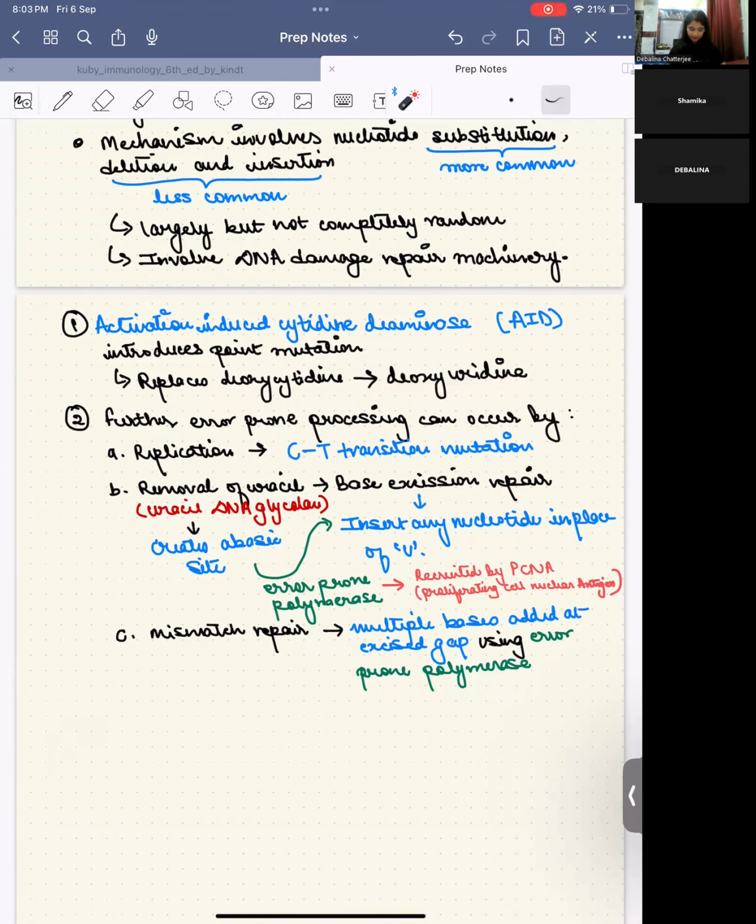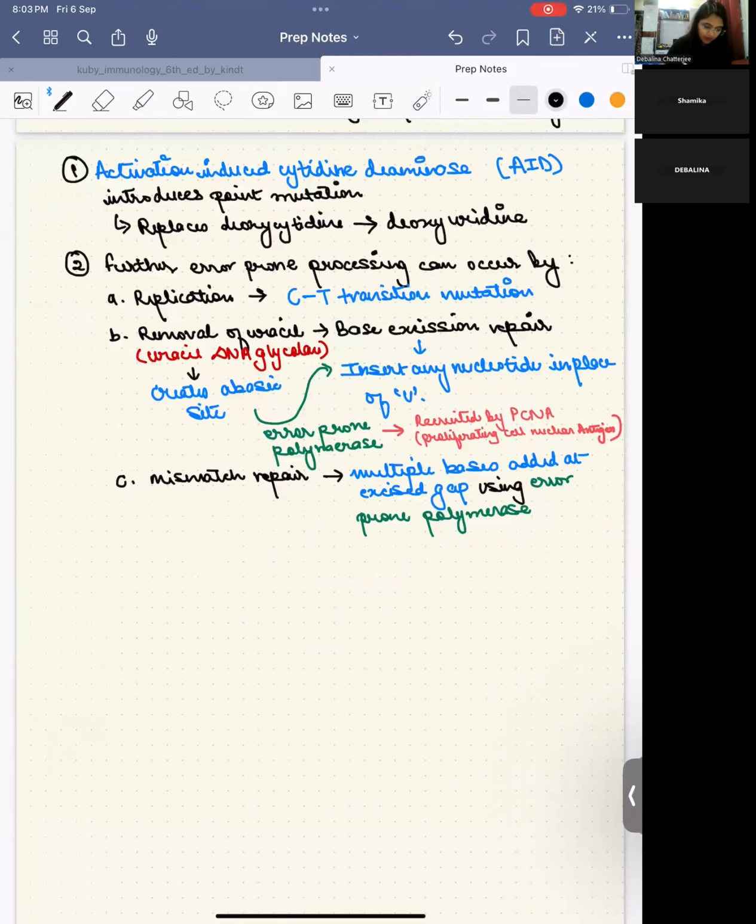So if replication happens, okay. So let's just see. We have a DNA backbone here.